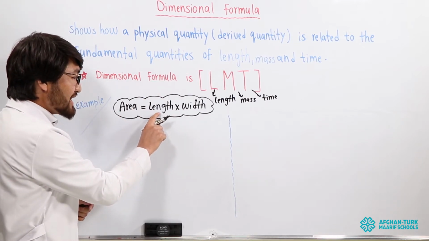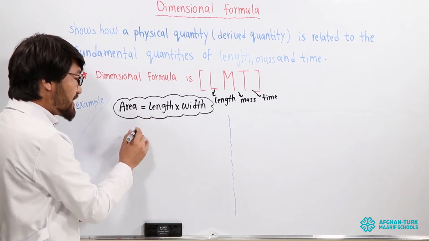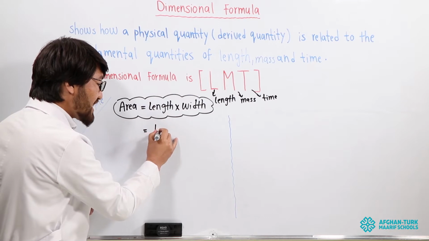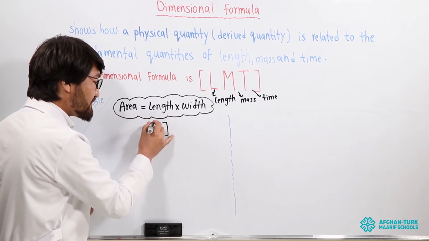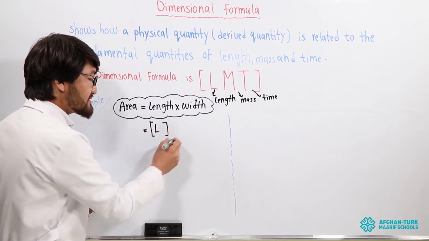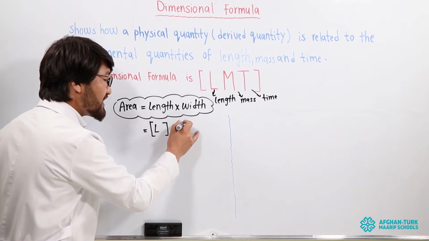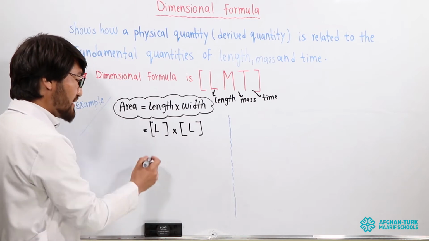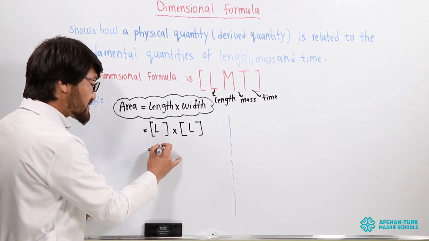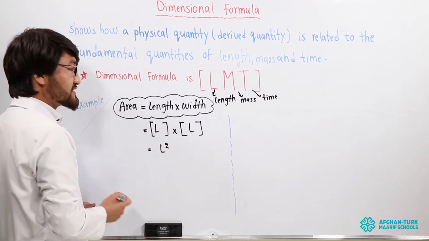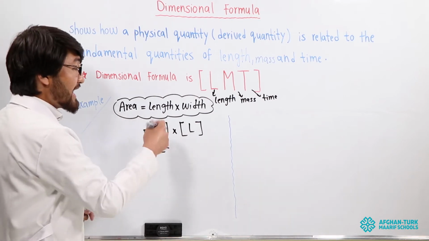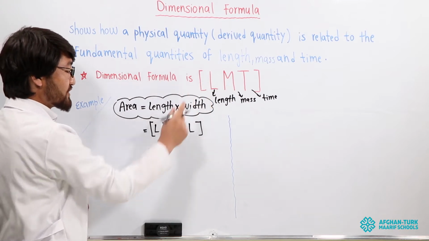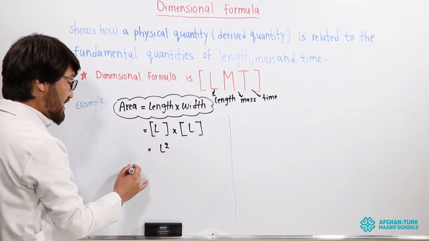Area is length times width. Width is also length. Length times length is equal to length squared. Now I will write the dimensional formula for area.